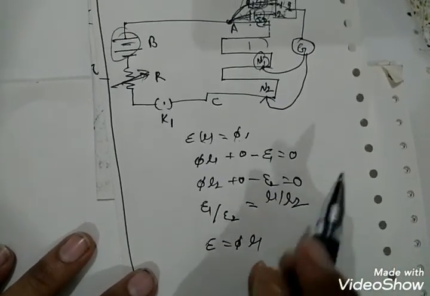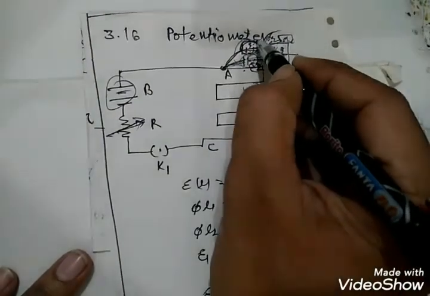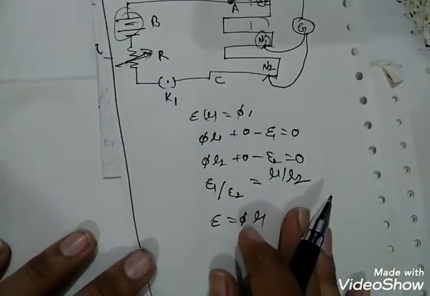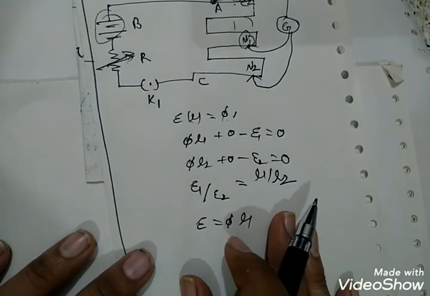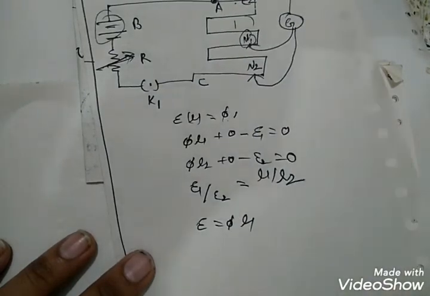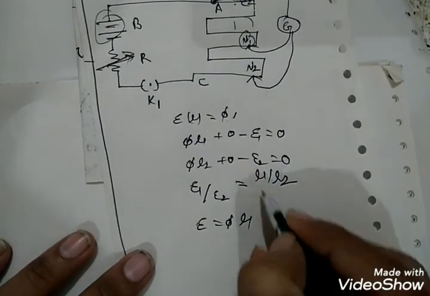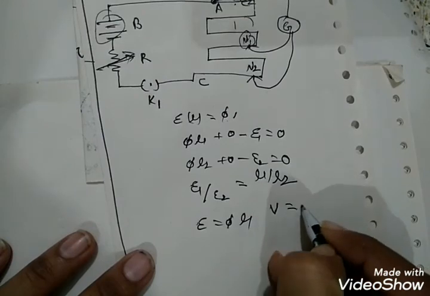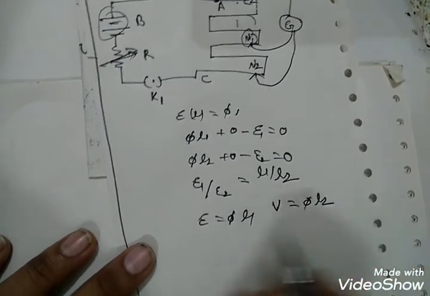When key K2 is closed, the cell sends a current through the resistance box R. If V is the terminal potential difference of the cell, balanced at L2, then V is equal to phi L2.